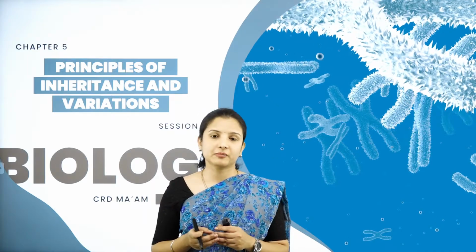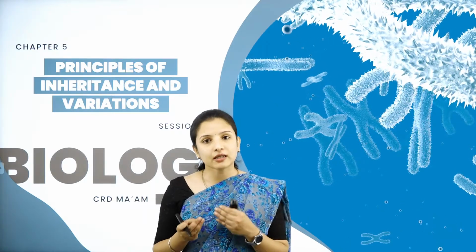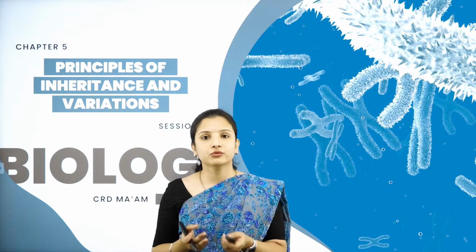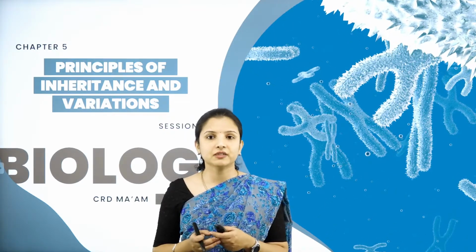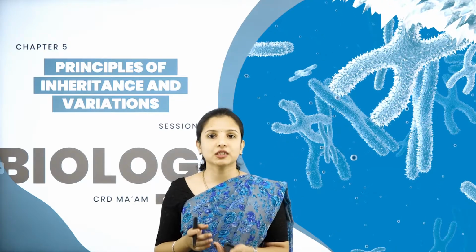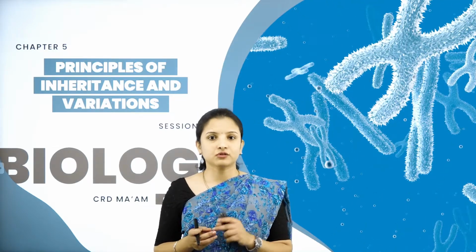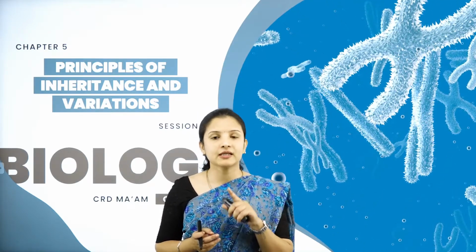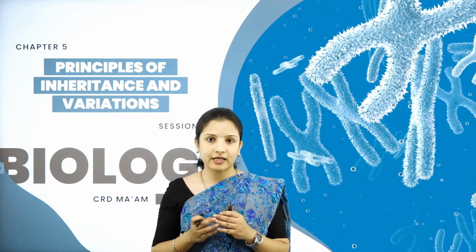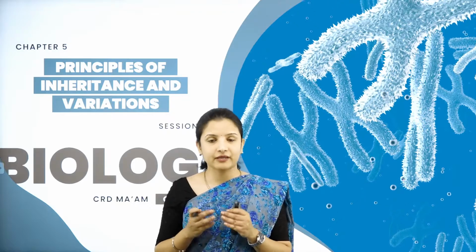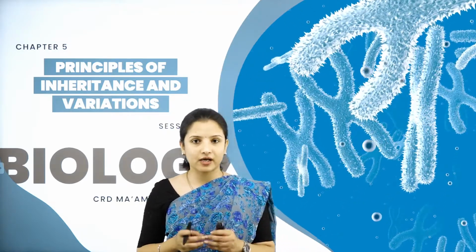And the second experiment that he conducted was on the color of the pea flower, wherein he chose one pea plant producing purple or violet color flowers and the other pea plant producing white color flowers. So only one character or trait he considered for his experiment, and he crossed those two plants having one character or trait, and therefore he called it the monohybrid cross.